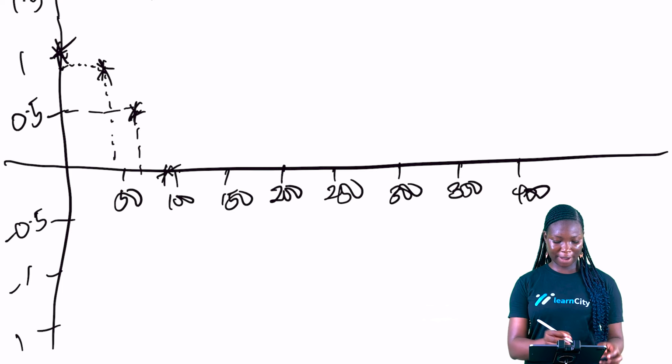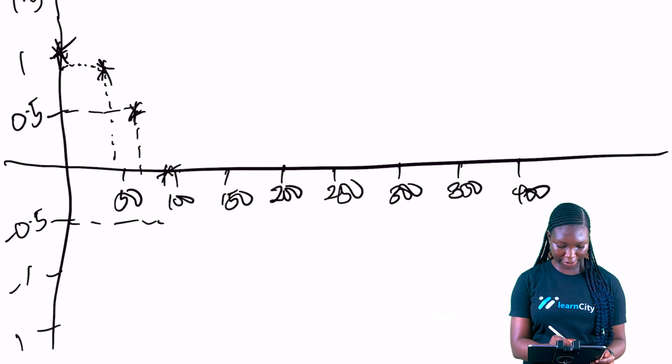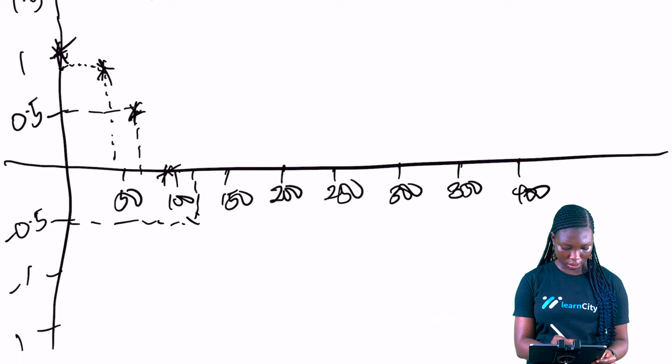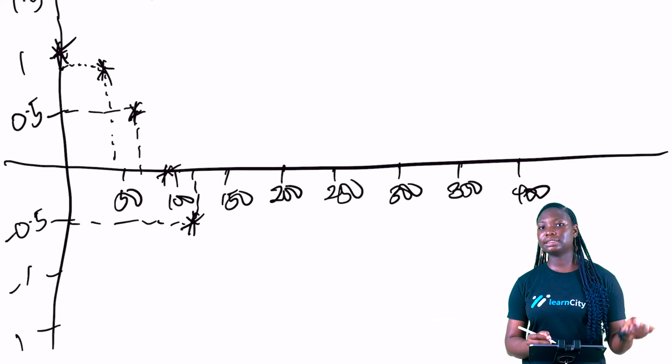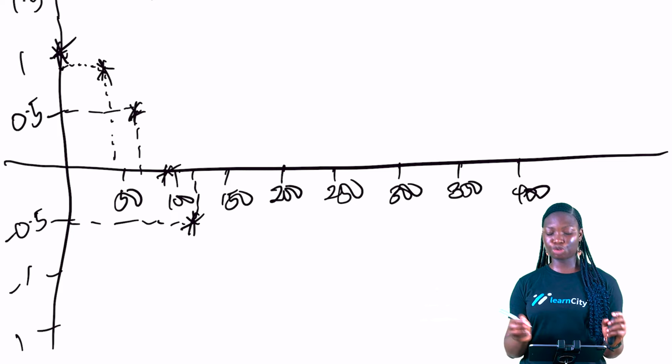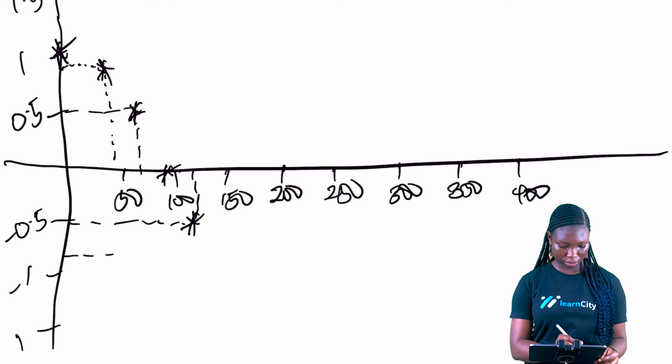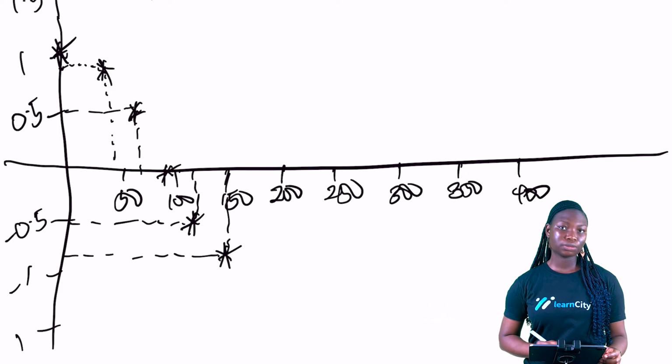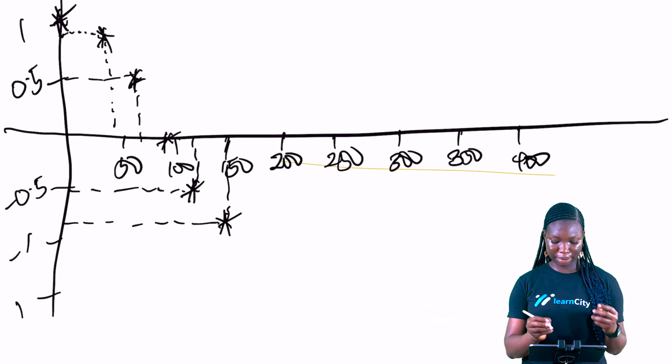At 120, we have it to be minus 0.5. At 150, we have it to be minus 0.87. At 180, we have it to be minus 1.